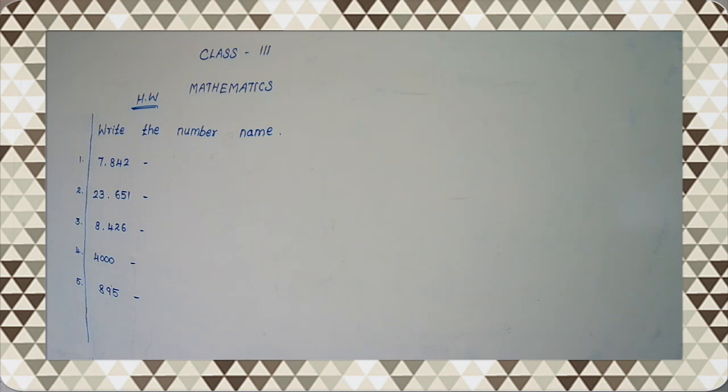The second one is 23,651. The third one is 8,426. Fourth one 4,000. Fifth one 895.